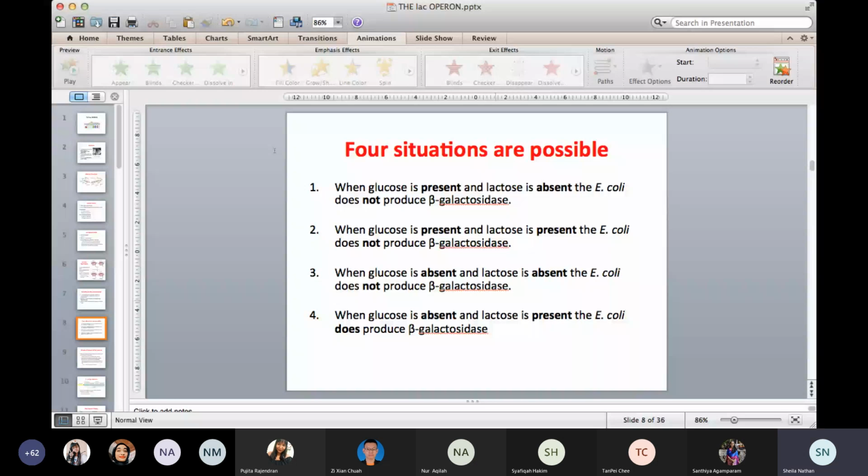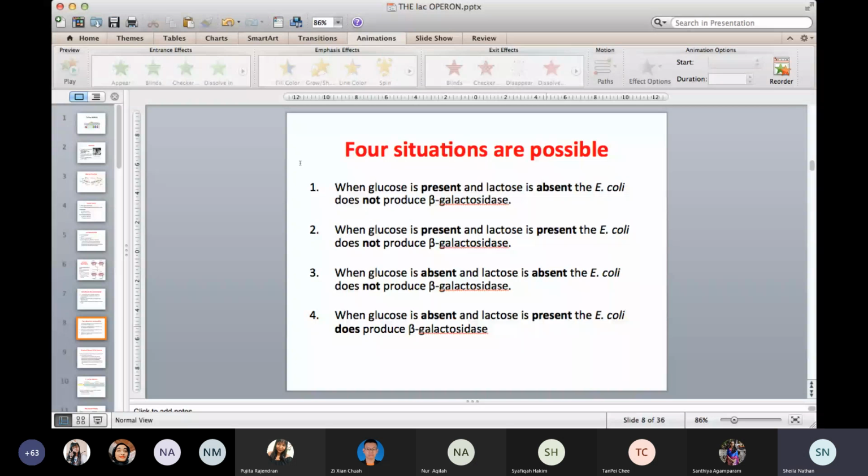Lactose is actually the inducer molecule. The presence of lactose will switch on the Lac operon when glucose is absent. But now when lactose is also absent, there's not going to be any transcription of the Lac operon. The Lac operon is only switched on when glucose is absent and lactose is present. So how does this happen is what we're going to be looking at next.